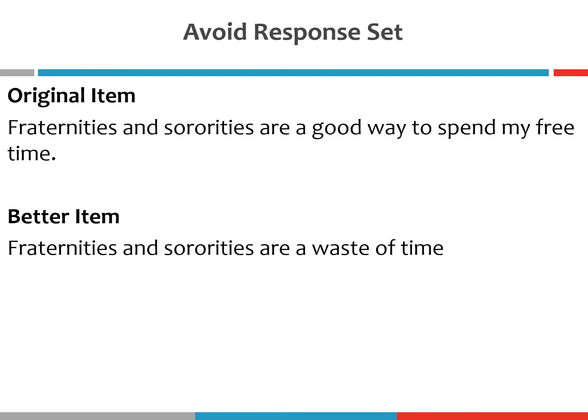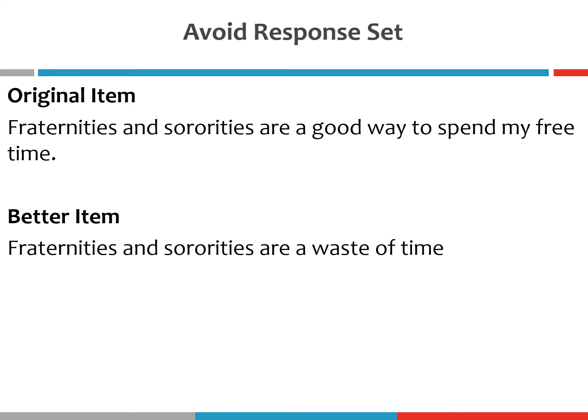But fortunately, there's an easy way to fix that, right? So the standard measurement that we have with our Likert scale is that a 5 is equal to strongly agree, a 4 is equal to agree, a 3 is equal to neither agree or disagree, a 2 is equal to disagree, and a 1 is equal to strongly disagree.